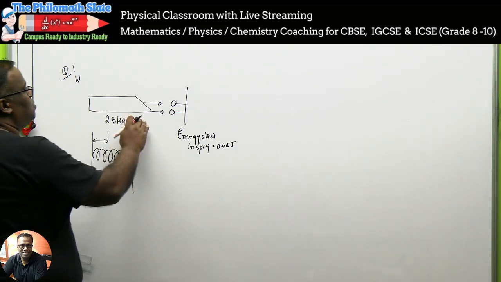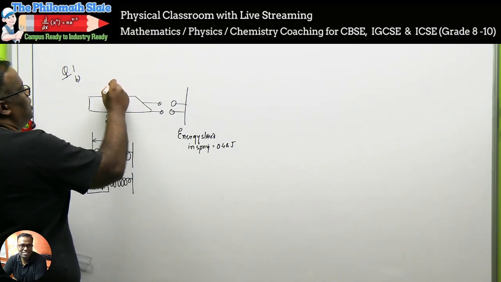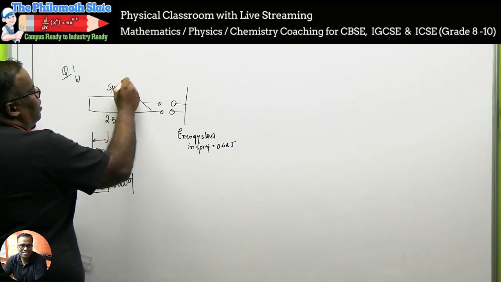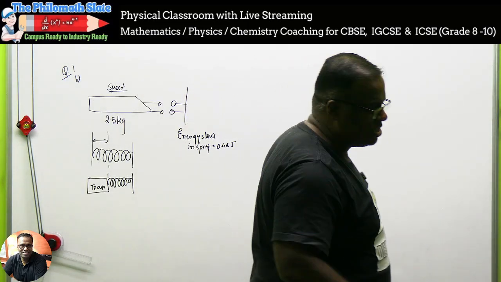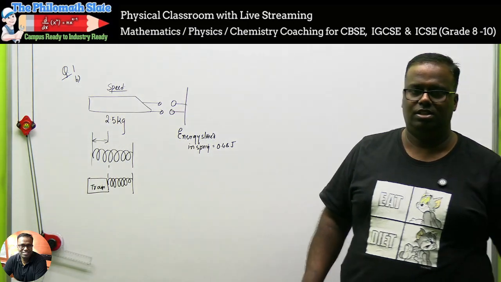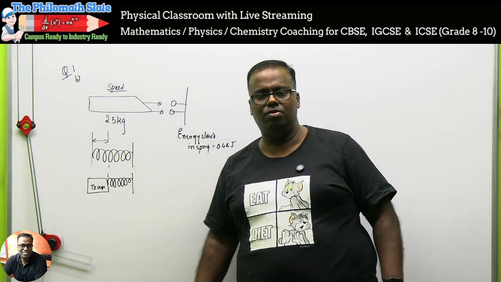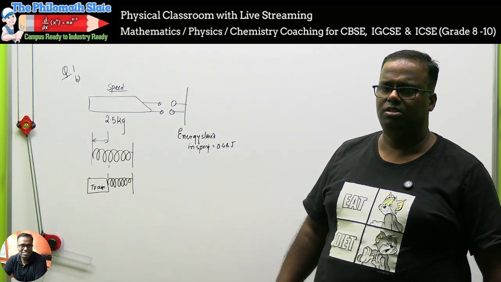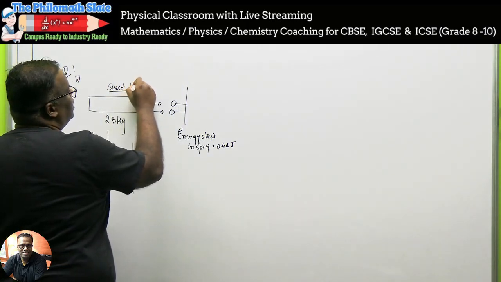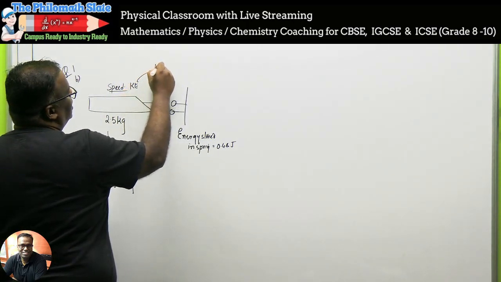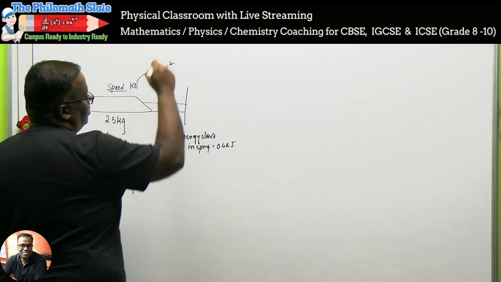Calculate the initial speed of the train. We have to calculate what the speed of the train is. Now understand one thing. Was the train moving initially? If the train is moving, does it have any form of energy? Kinetic energy. So the train has kinetic energy, and the value of the kinetic energy is given by half mv square.